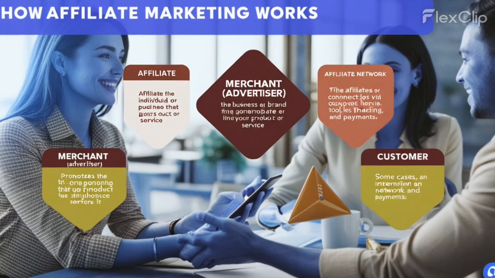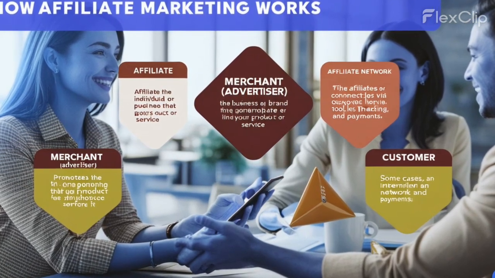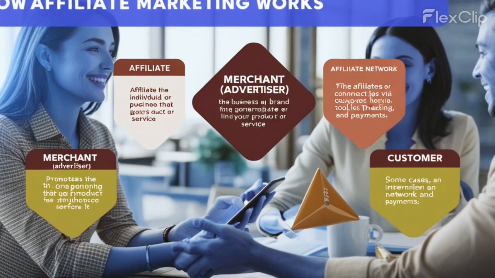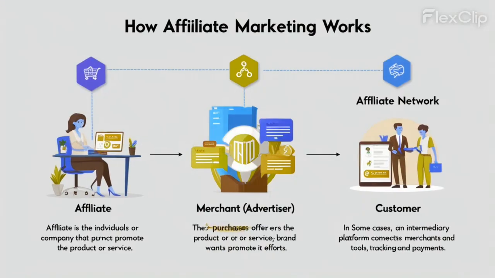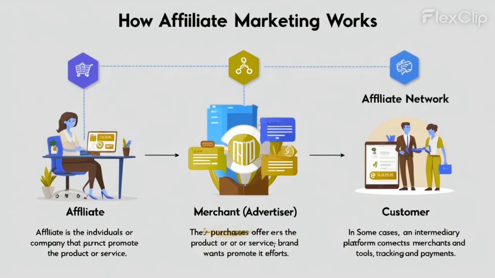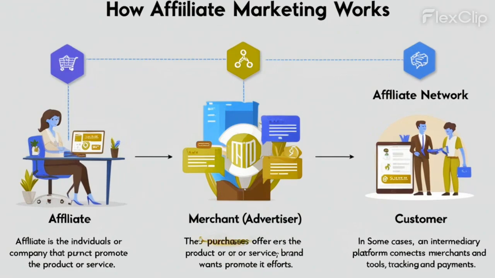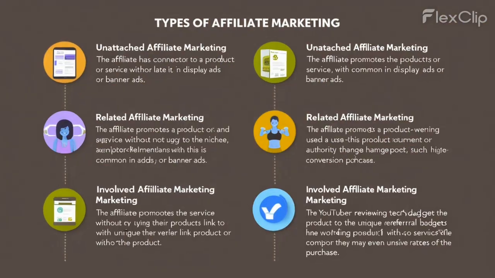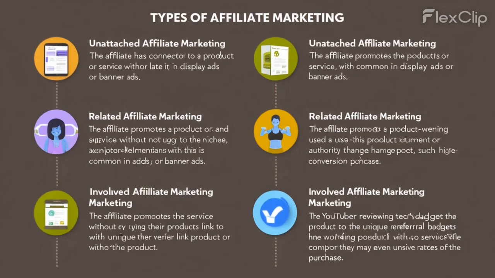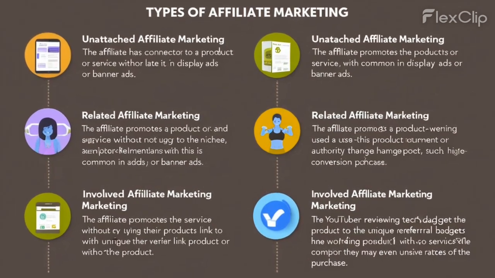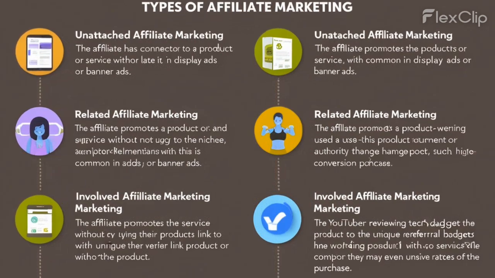Affiliate. This is the individual or company that promotes the product or service. Merchant, advertiser. This is the business or brand that offers the product or service and wants to promote it. Customer. The end user who purchases the product or service via the affiliate's promotional efforts.